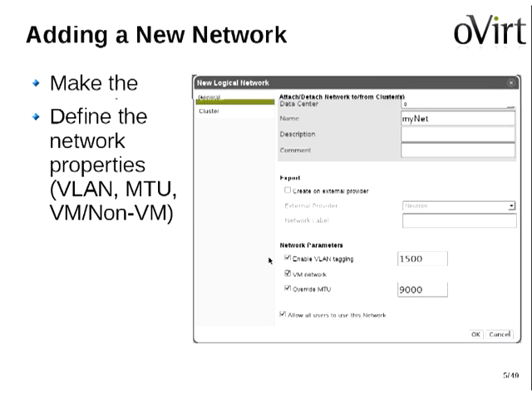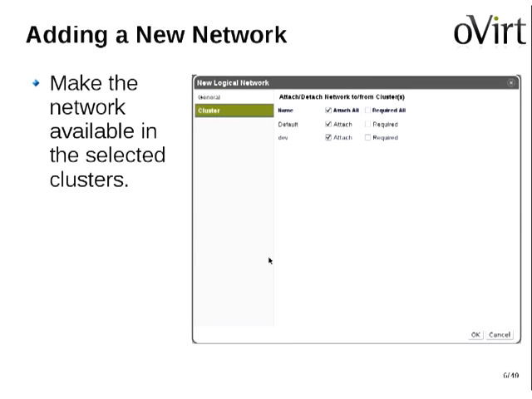And before we can set it on a host, we need to attach it to a cluster to make it available in the cluster. So how do we do that? We just go to the cluster tab in the dialog, and we can select which clusters we want the network on. Now that we added the network, we can also set on the cluster level the network role, like migration or display, but this is still not available in this dialog.